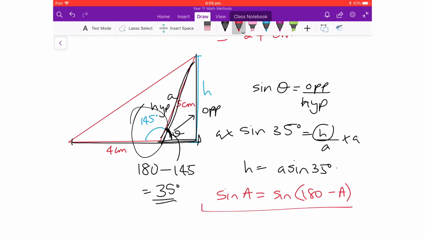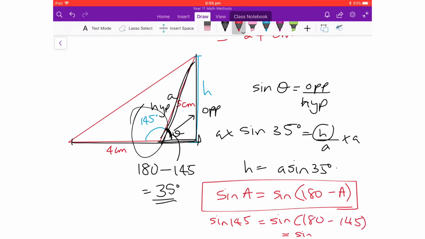We came up with this formula in our unit circle videos. So if you're interested in how I got this formula, check out one of the unit circle videos. I'll probably have a link somewhere. So this is something that we've worked out previously. So we can say that sine 145, where A is an angle that's bigger than 90, smaller than 180, so 145 lies perfectly within those criteria, is equal to sine 180 take 145, which equals sine 35.